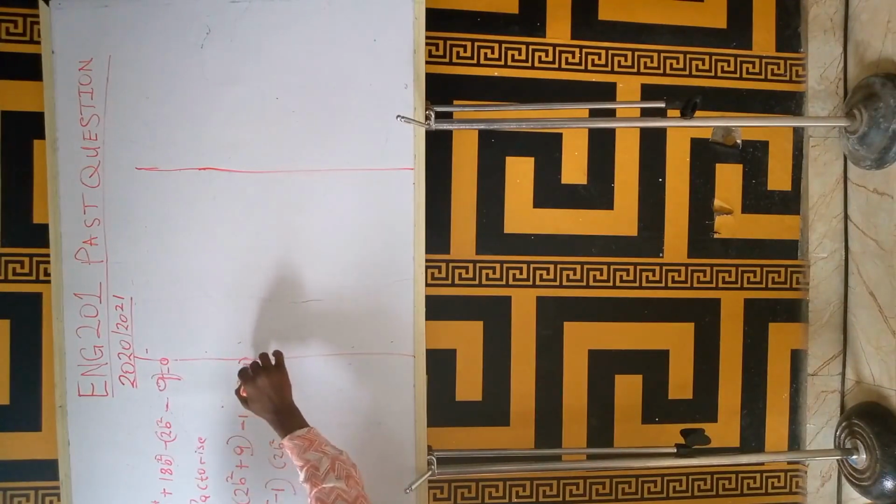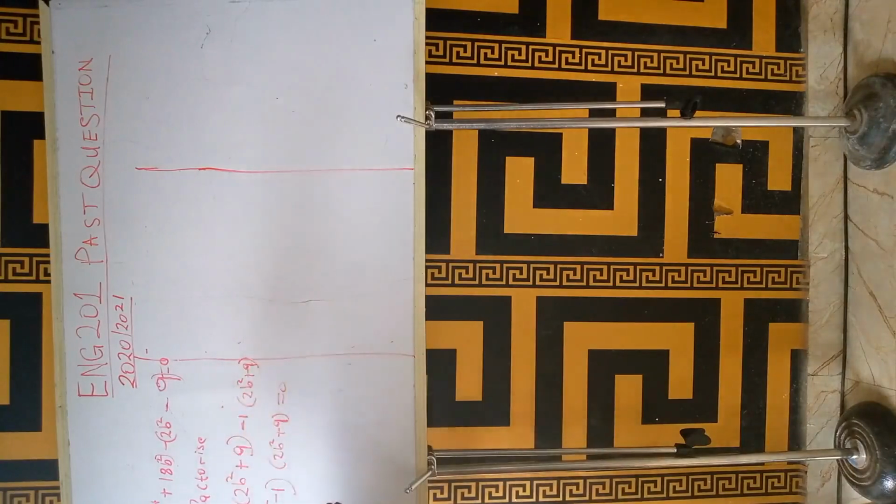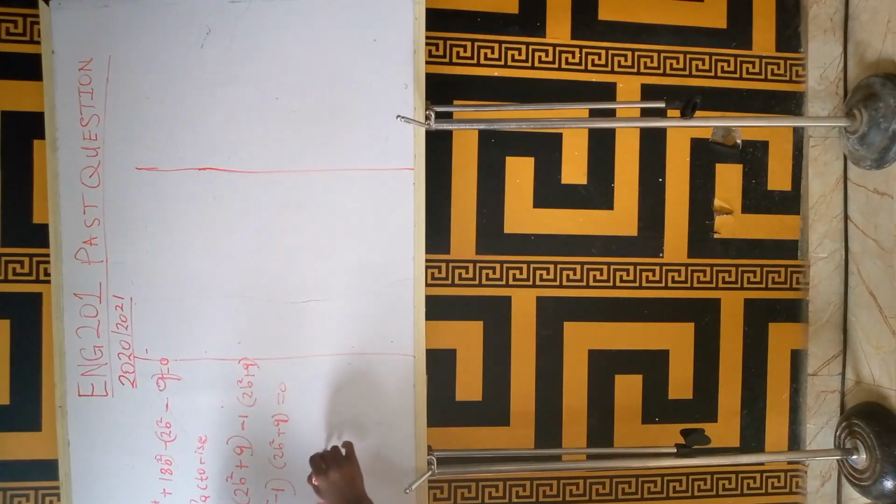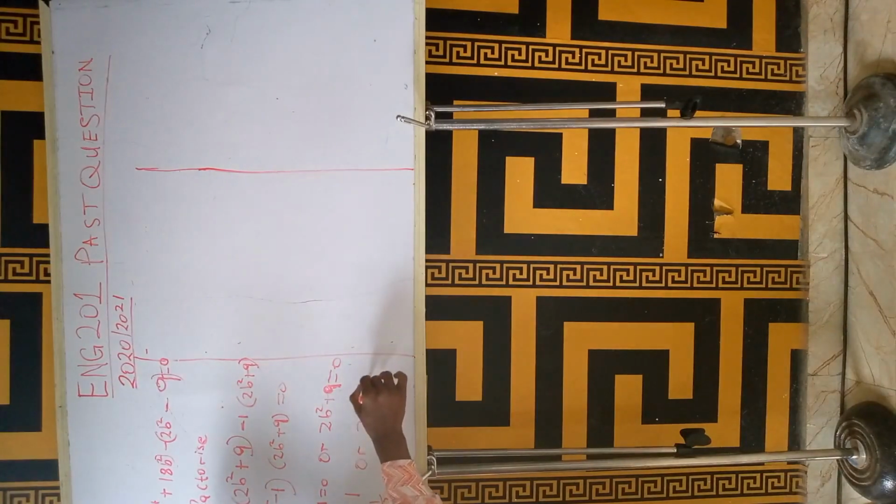I can now say 2b square minus 1 equals to 0, or 2b square plus 9 equals to 0. Therefore, I will have 2b square equals to 1, b square equals to 1 over 2, or 2b square equals to minus 9, or b square equals to minus 9 over 2.